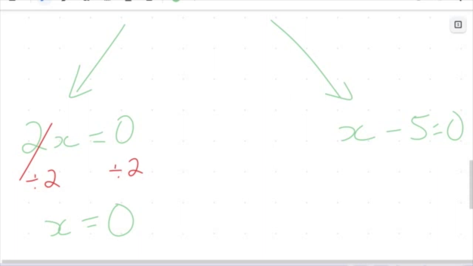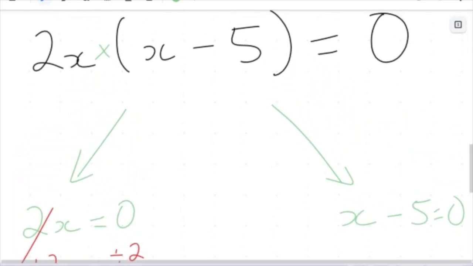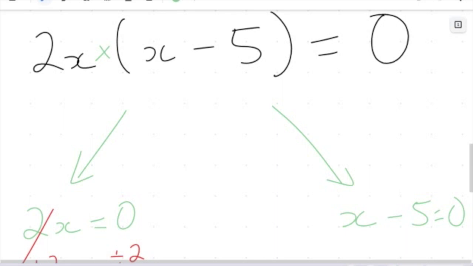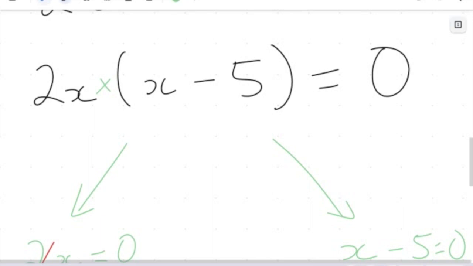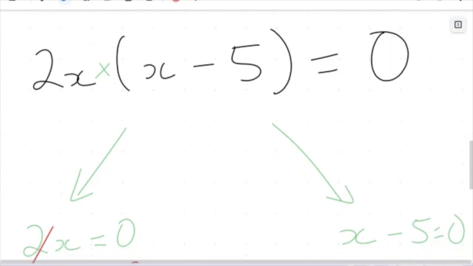So similar to the last example, one of my expressions in the product, I have a value of x equals 0 that makes 2x 0, and thus a solution to my quadratic equation.